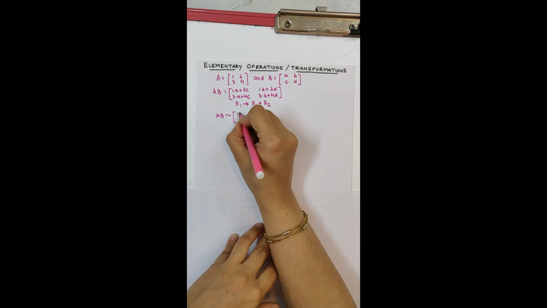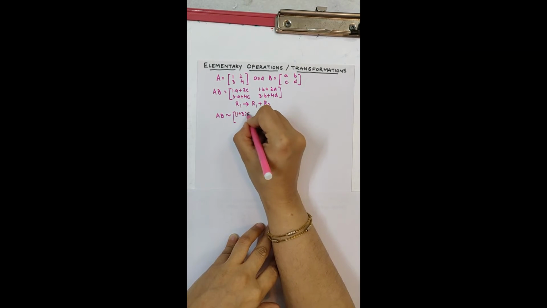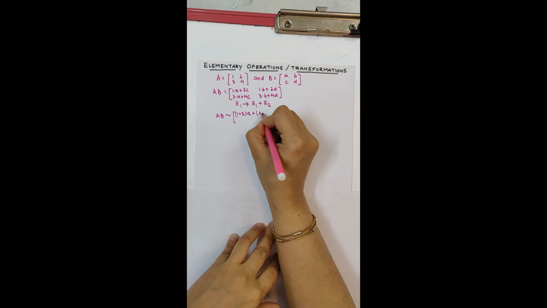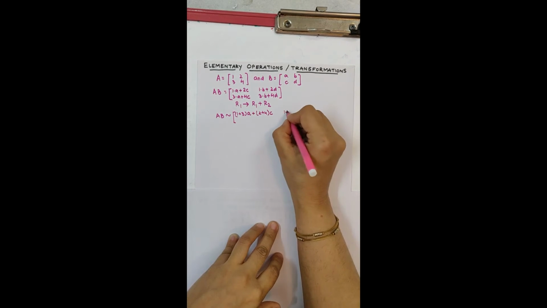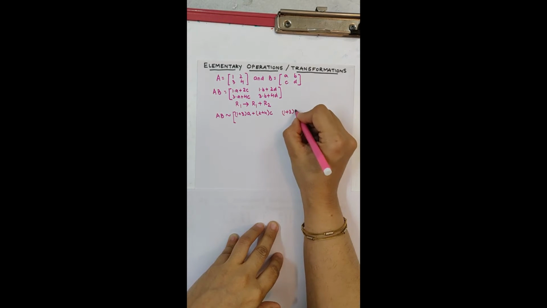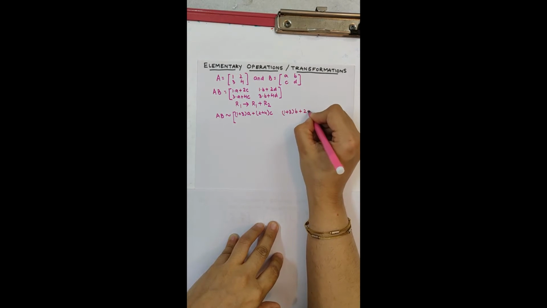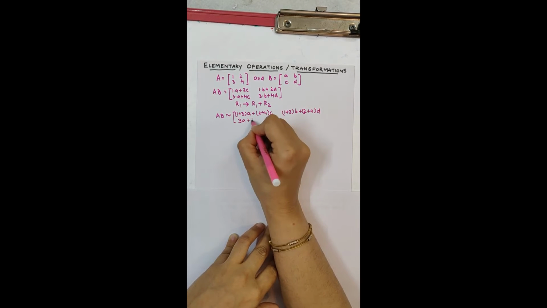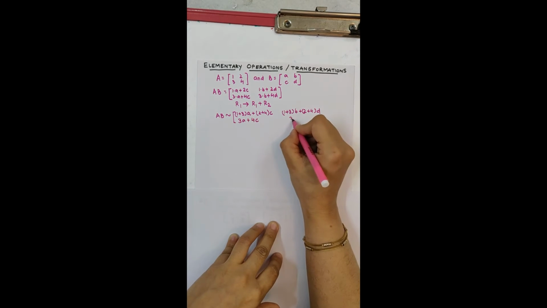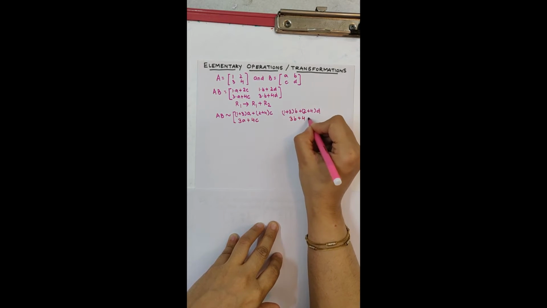So this will become (1 plus 3) into A plus (2 plus 4) into C, and here this element will be (1 plus 3) into B plus (2 plus 4) into D, and row 2 remains as it is. So this is 3A plus 4C, and this element is 3B plus 4D.